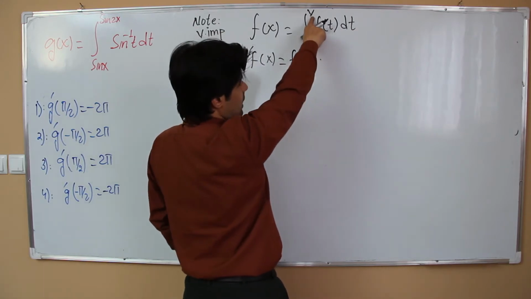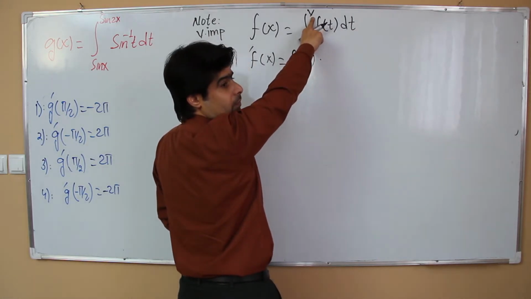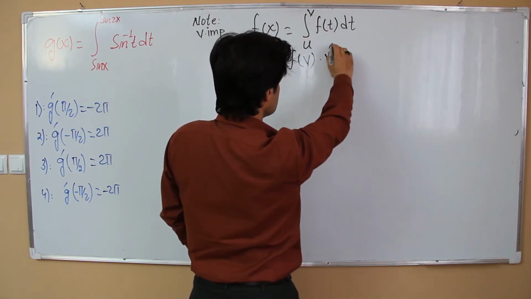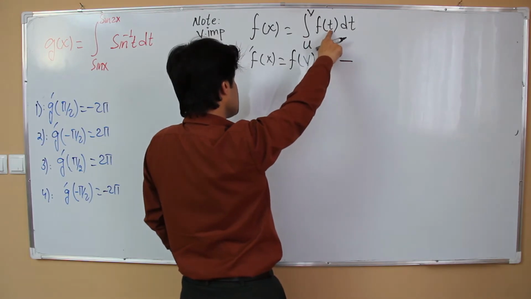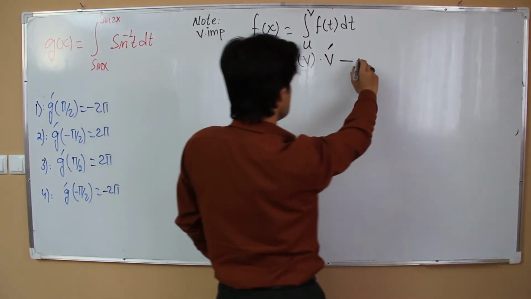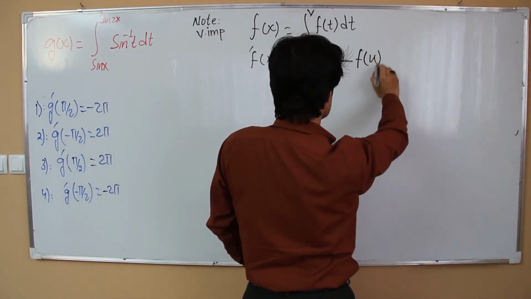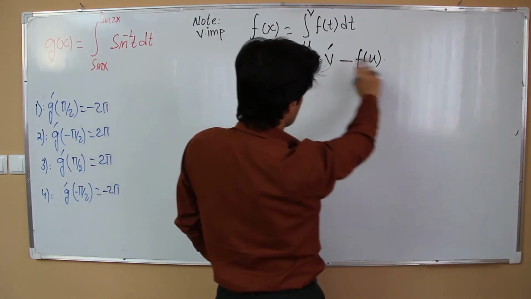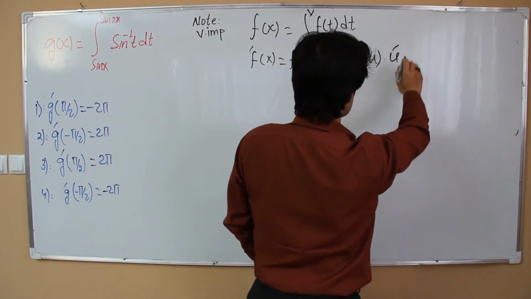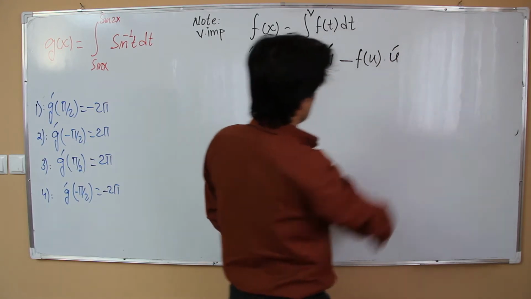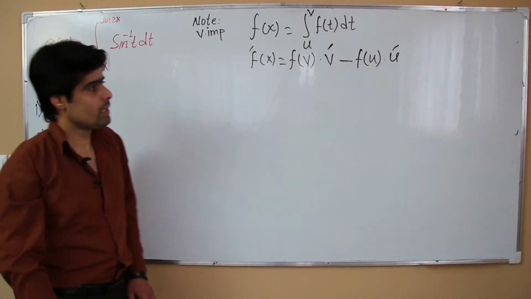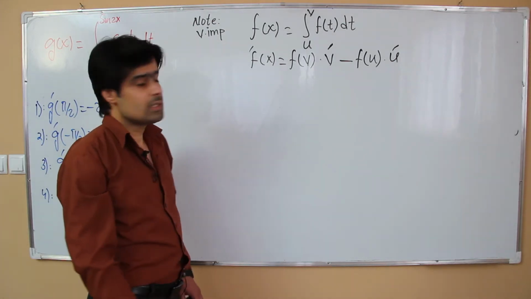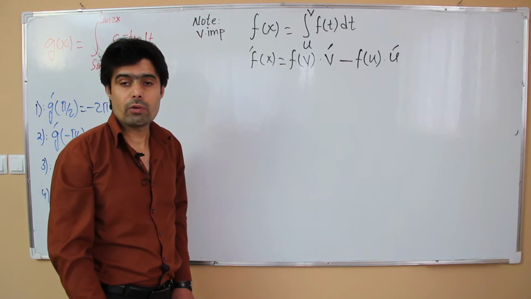Second, take the derivative of the upper limit. It is v prime, minus, now instead of t you have to put u, it's f(u), and now take the derivative of u, it is u prime. This is the formula that you can use to calculate the derivative of an integration.